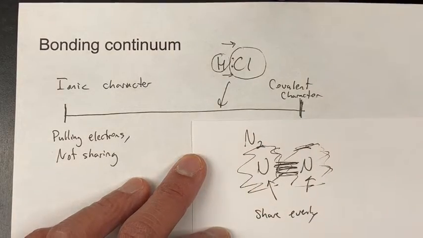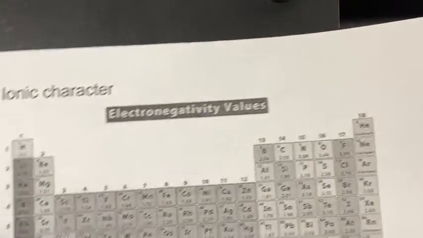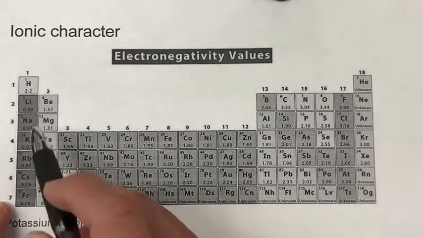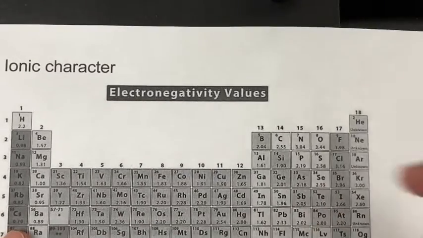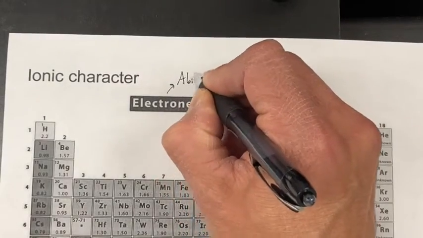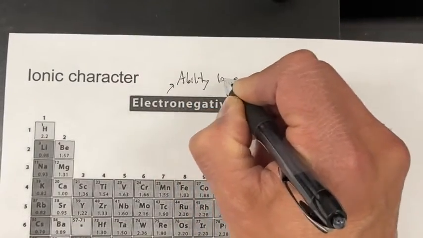And so one way to figure out the character of something, if it's ionic or covalent, is the electronegativity values. So electronegativity, remember, is the ability to attract bonding electrons.